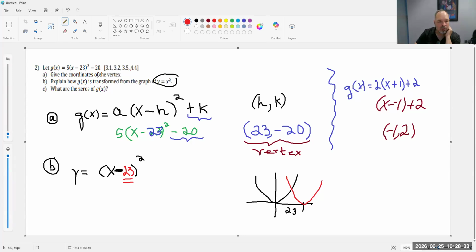Then you have the minus 20 part. The minus 20 is now shifting the curve 20 units down. So imagine the same exact shape, but now it's being moved down. And it's being moved down specifically 20 units.